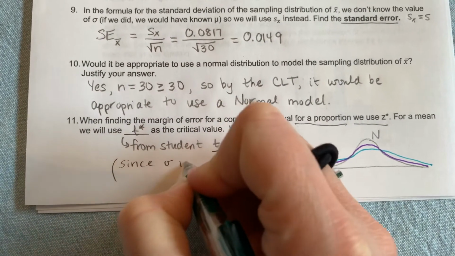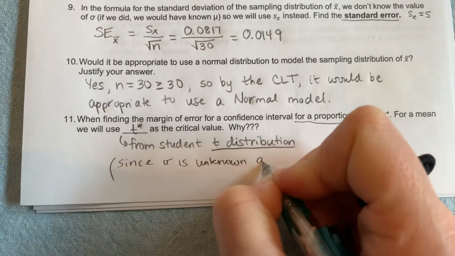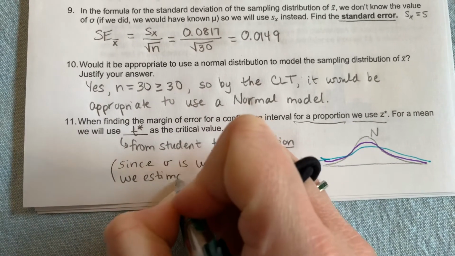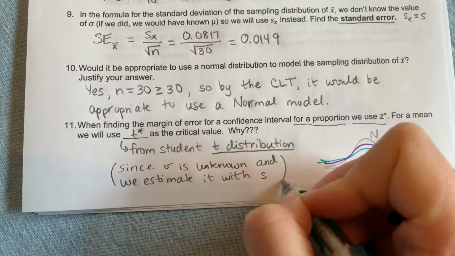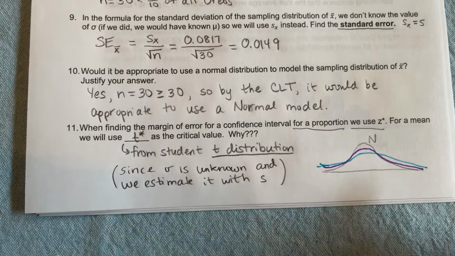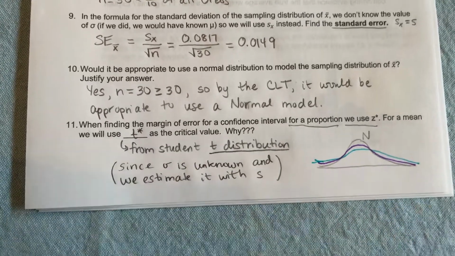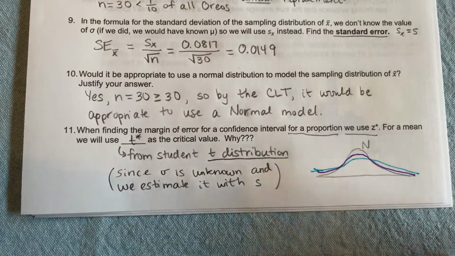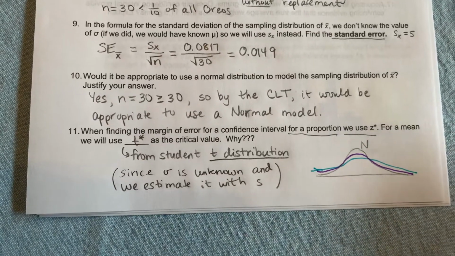Since sigma is unknown and we estimate it with S, when we do that, that introduces even more variability. And so our distribution becomes less normal and fits this t-distribution. But the larger the sample size, the closer it gets to normal, which is good for us.